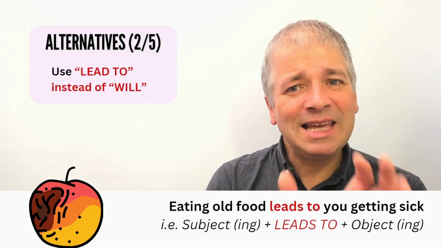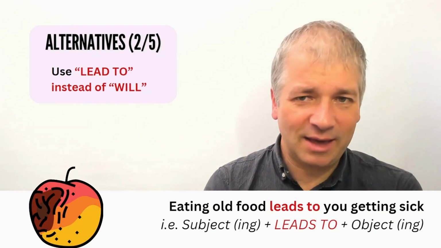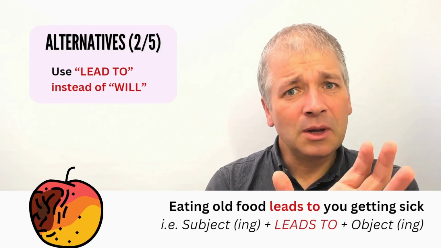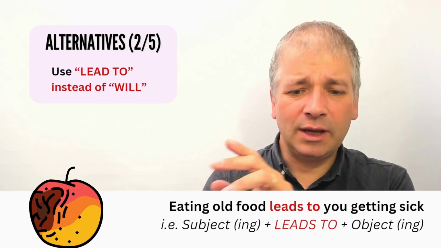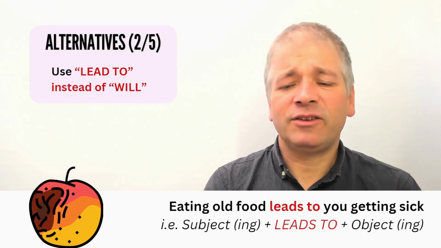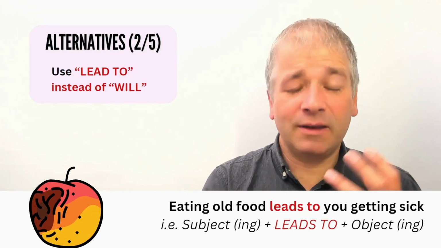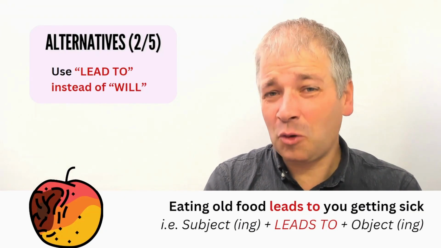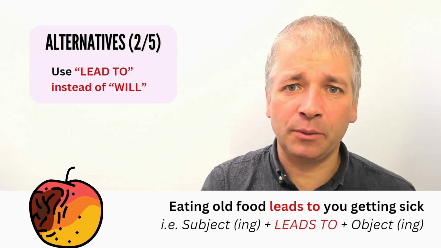We've introduced leads to, which expresses the relationship between the first part and the second part. Leads to expresses there's a consequence between the first part, eating old food, and getting sick. And then the object at the end, here the get has changed into the ing form as well. So we just have this one verb form here, leads to.